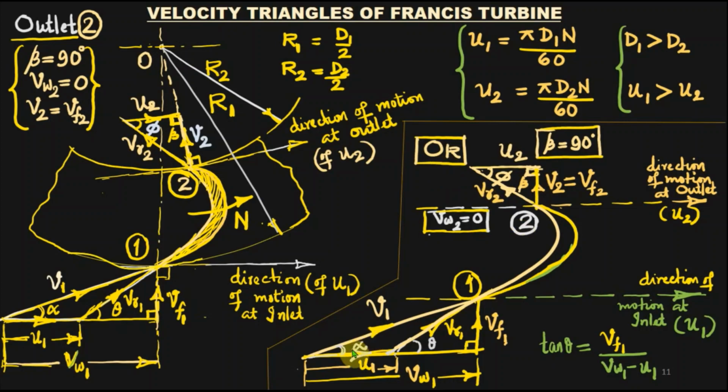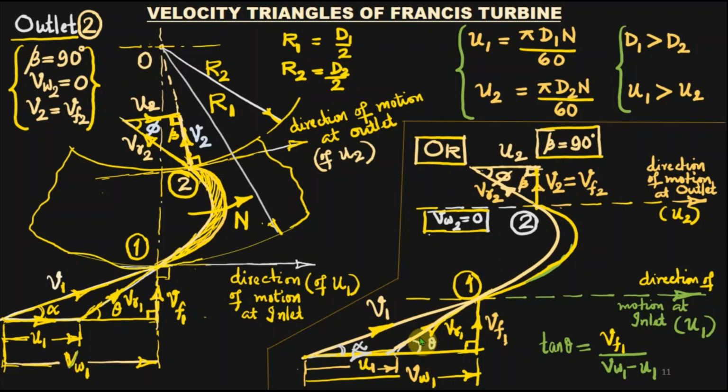So in this simple way you can complete the velocity triangle at inlet and outlet, representing the direction of motion of vane at inlet U1 and U2 like two parallel horizontal lines, as indicated by dotted lines over here. The vane angle at inlet is theta, the vane angle at outlet is phi.